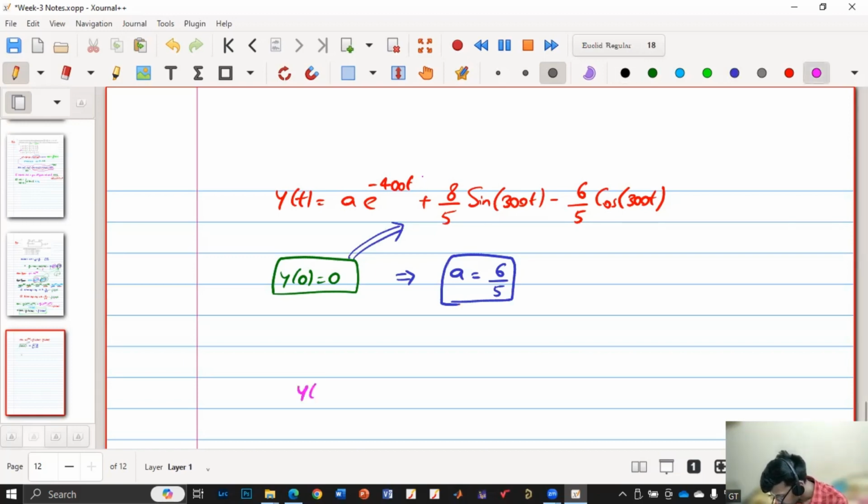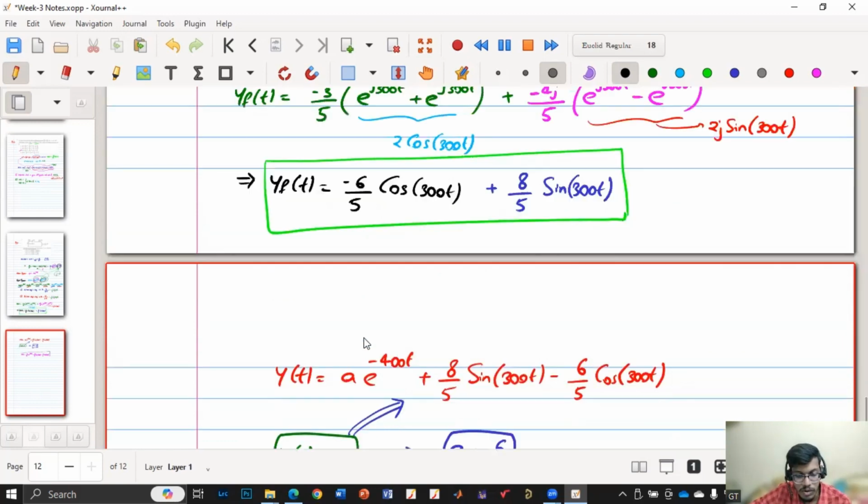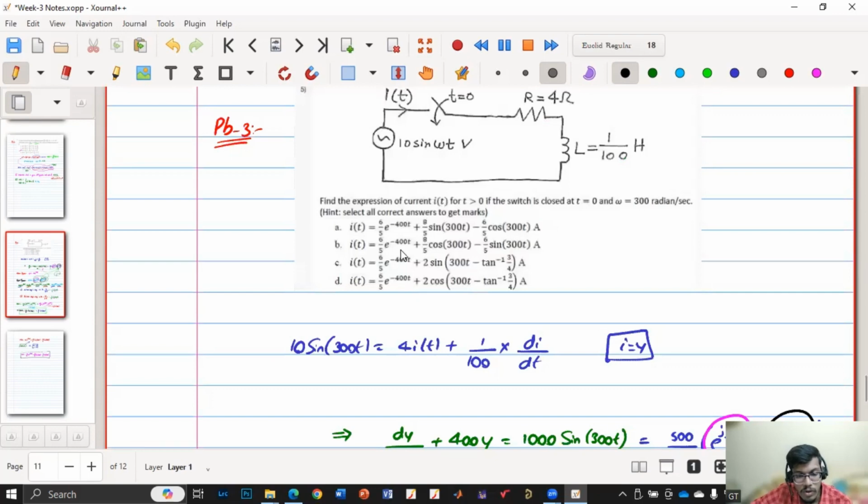My final y of t is 6 by 5 into e to the power minus 400t plus 8 by 5 sine 300t minus 6 by 5 cos 300t. This is my final answer.